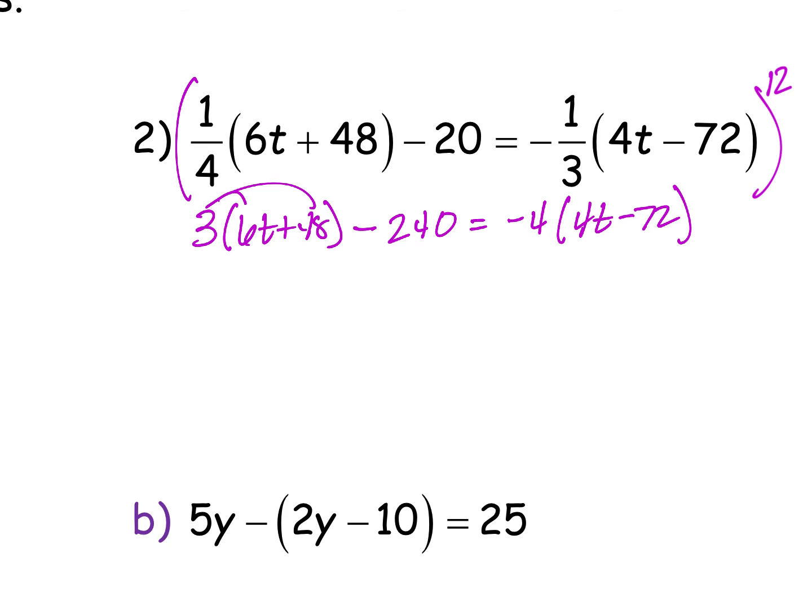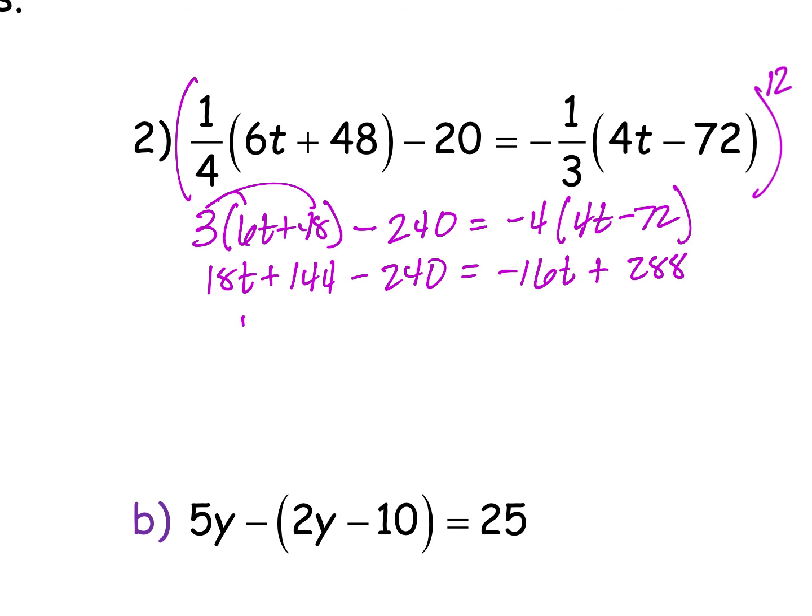So now I can distribute the 3. I get 3 times 6 is 18t plus 3 times 48, 144, minus 240 equals -16t plus 72 times 4, 288.